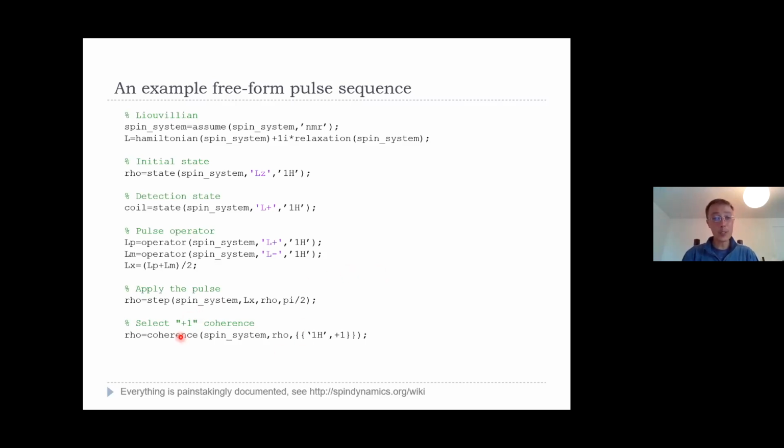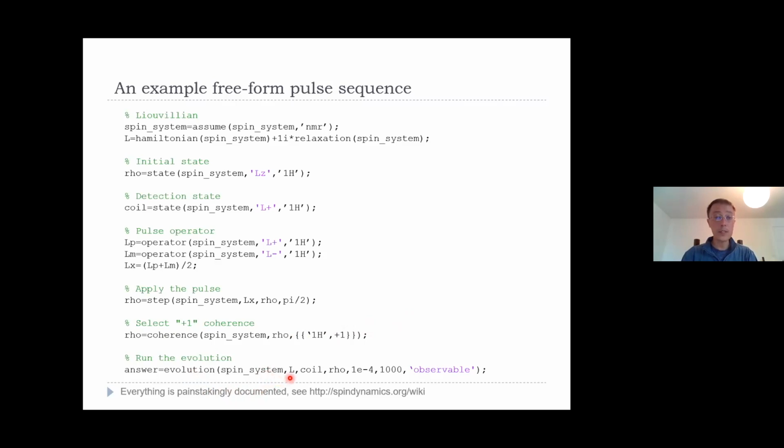And so coherence filters in SPINACH, of course, you can do a phase cycle if you want to, but we can simply just erase the coherences we don't want. So rho is the coherence of the spin system under this state rho. So we're overwriting this state. Keep coherence level 1 on the protons and just wipe everything else out. And then, for example, run the evolution.